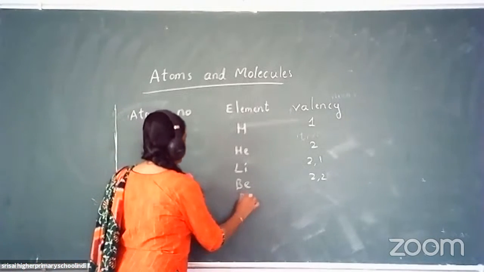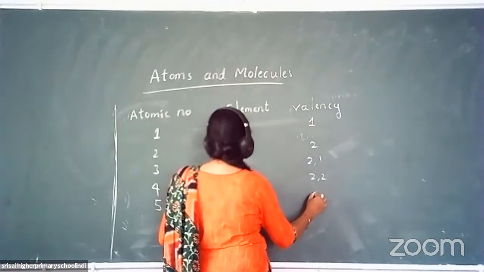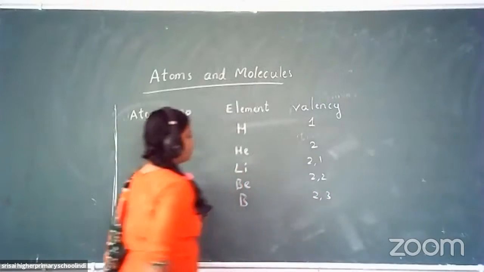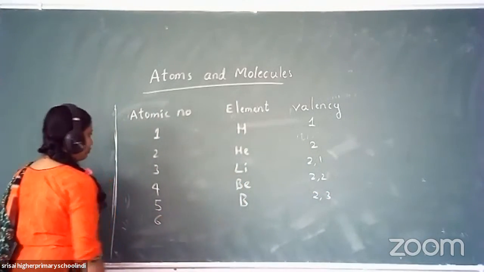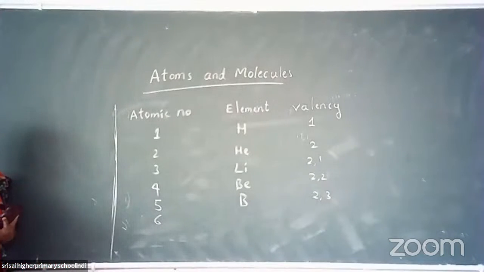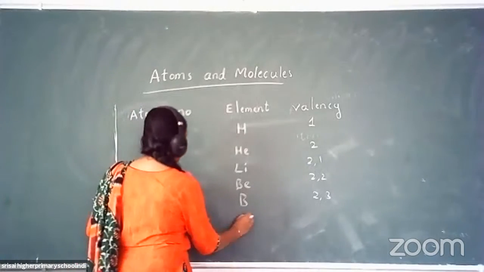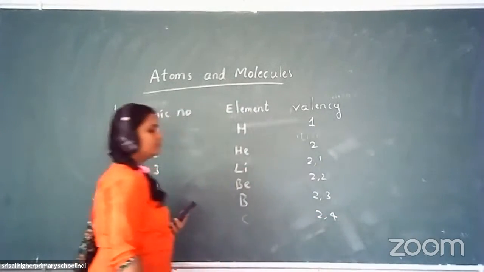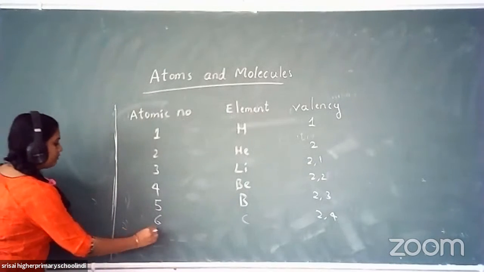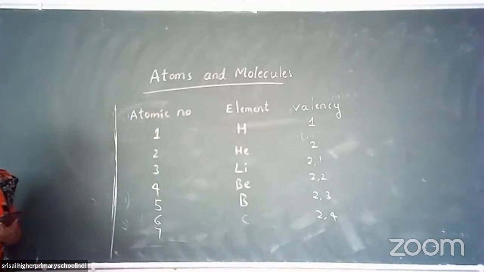B. Then 2, 3. Boron means 2, 3, right? Then which element has the 6th atomic number? Carbon. Okay, then how will we write here? 2, 4. Then which has atomic number 7?